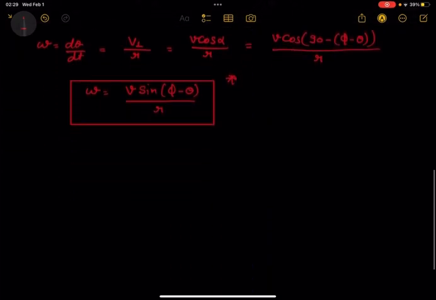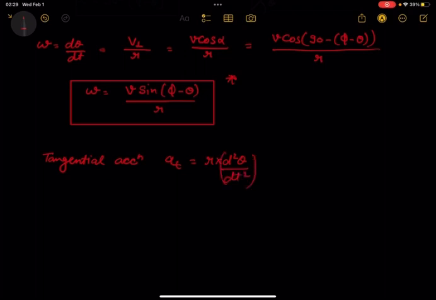So look here, tangential acceleration a_t is equal to r times d2 theta by dt2, and the double rate of change in displacement is called angular acceleration. So angular acceleration is alpha, and tangential acceleration is r alpha.